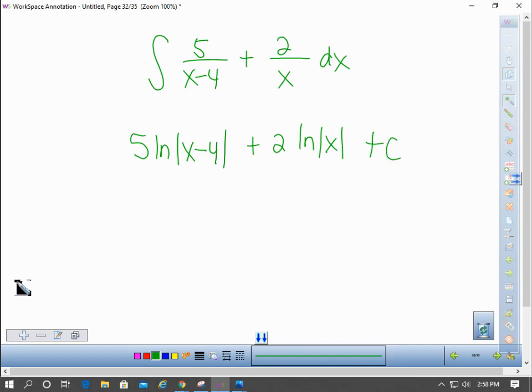That's all it's going to be. Because remember, the derivative of ln is the derivative of the function over the function. And then you just have to multiply by 5 to get this answer up here. And the derivative of ln of x is the derivative of x over x. And we just have to multiply by 2 to get this expression up here.